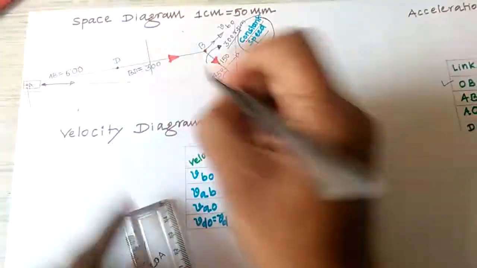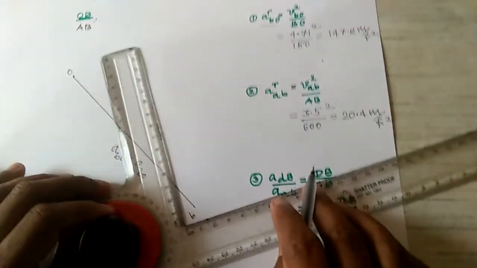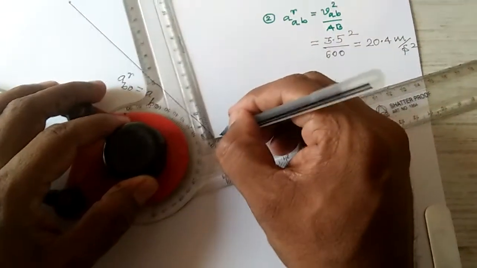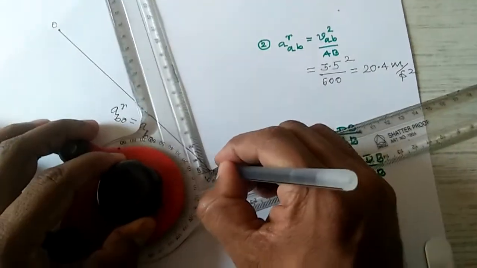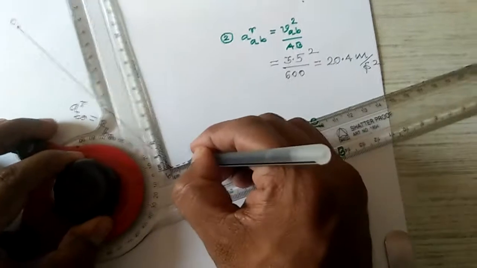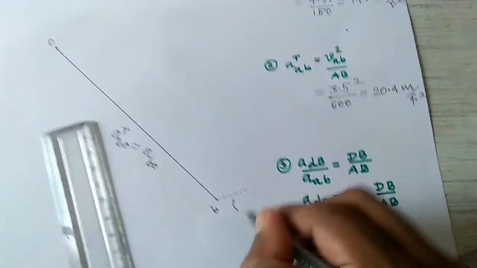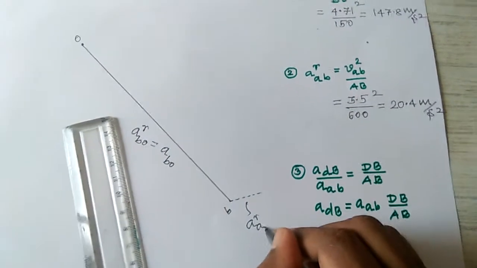It is from B, with respect to B, so it comes this way only. For the acceleration diagram, how much? This is 2 centimeters. I draw it dotted. This is the radial of AB.